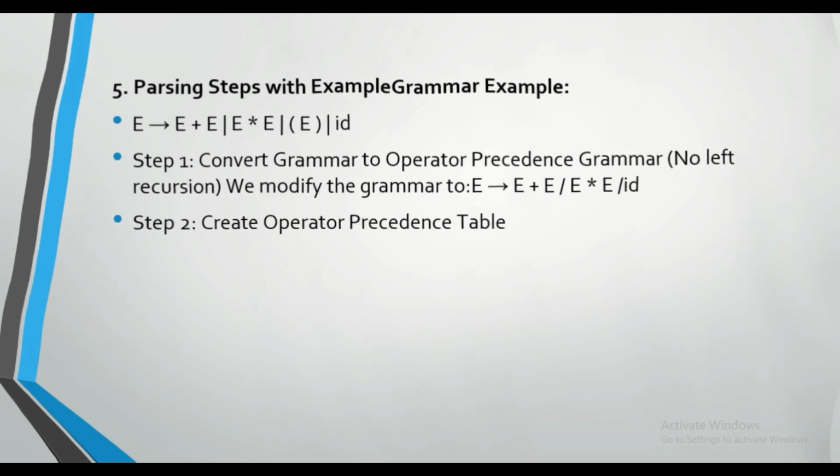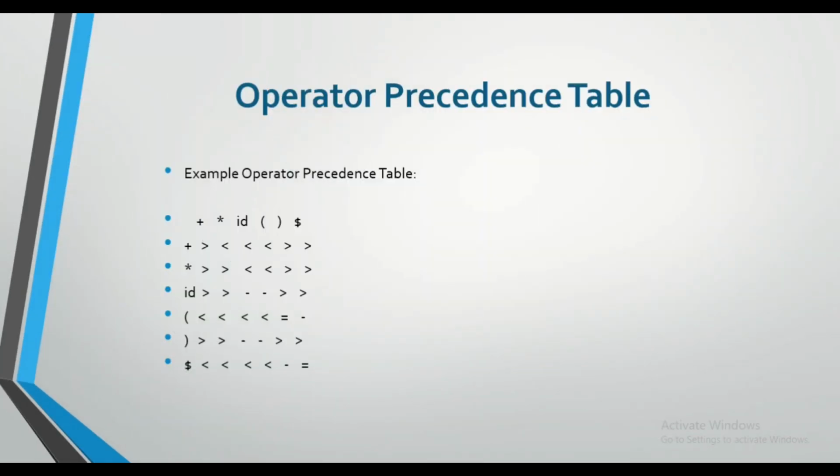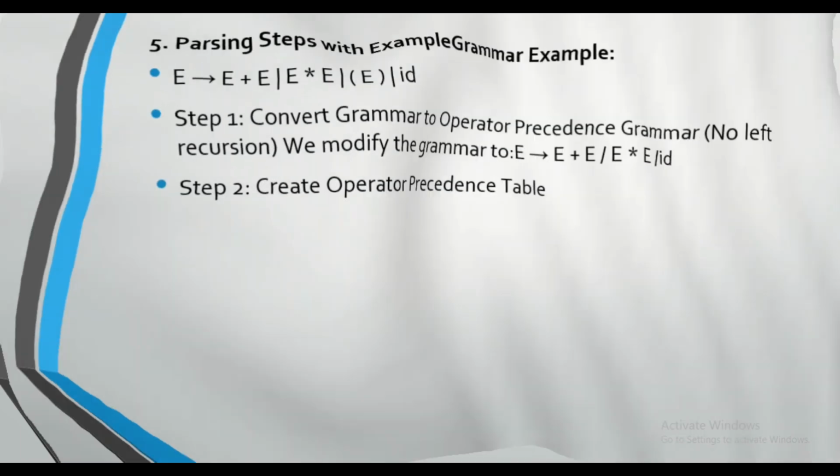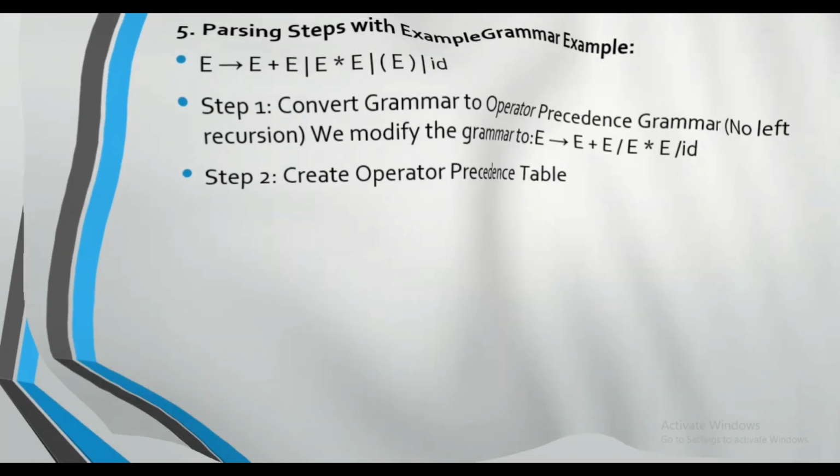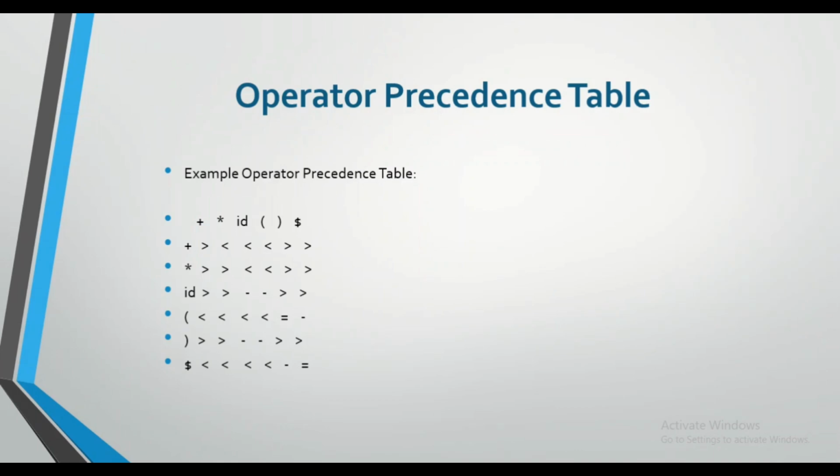Let's see the table. Operator precedence table example. Here you can see the plus operator, then multiply, parenthesis, and then ID. Only operators are determined in the table. There is no non-terminal present in the table.